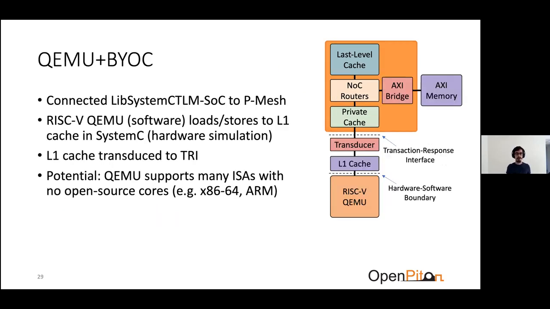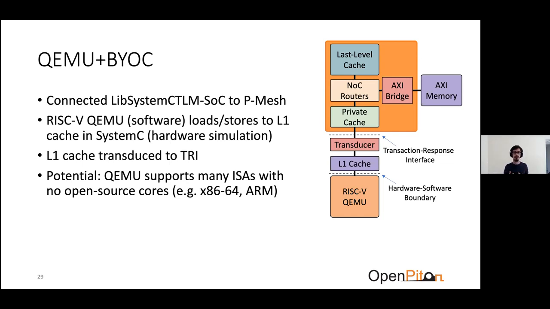And then another thing that we've done, I mentioned this in passing, was connecting QEMU into BYOC. So there's a group at Xilinx who've been building a system that's called libsystemc TLM SoC. And essentially it is a way for you to connect QEMU emulation to RTL simulation. And so they use this for prototyping different RTL designs where you might otherwise put it on a Zynq or something like this, right?